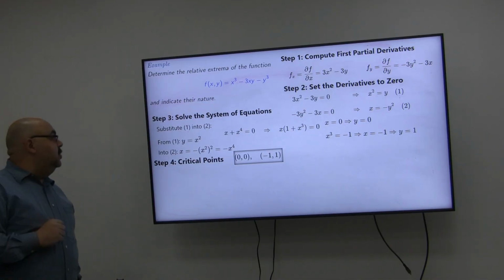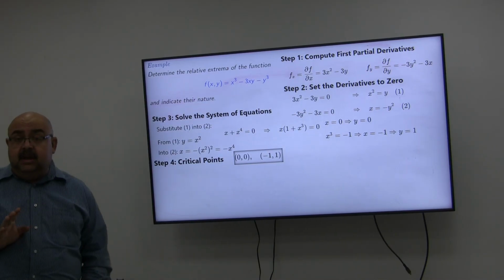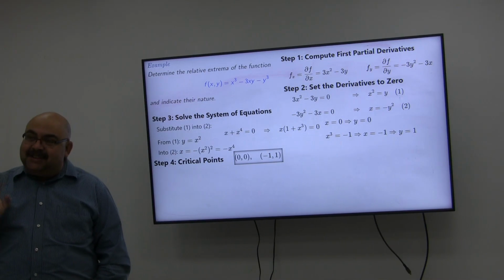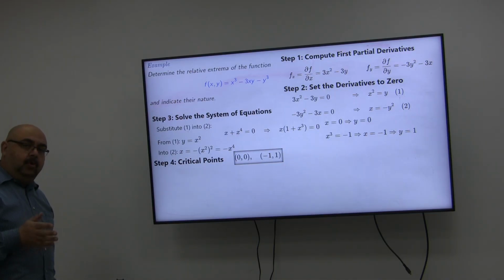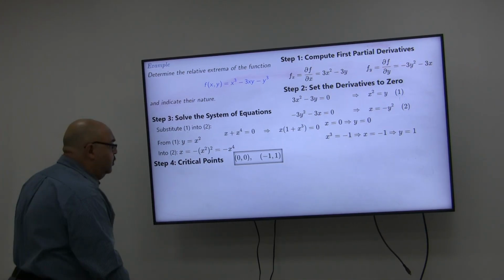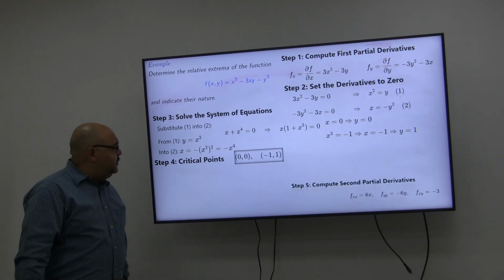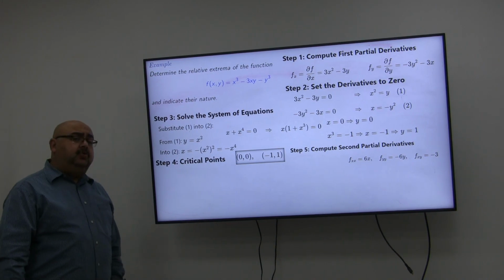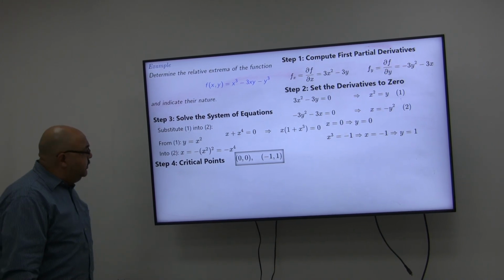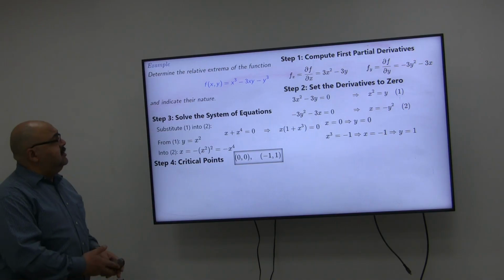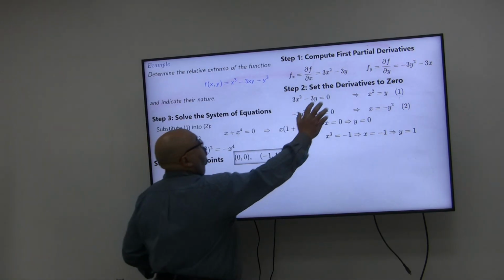Okay? So now I need to test if at these points they are maximum or minimum once more. In order to do this, I will have to follow the scheme as you can see. It's very, very simple. Steps. The first step, I will need to evaluate the second partial derivatives. This is the first partial derivative we have.